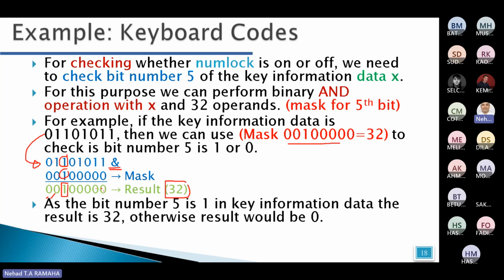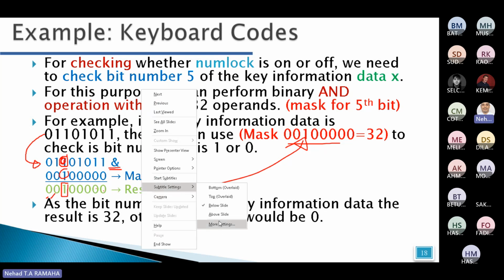You can see this position 1, 2, 4, 8, 16, 32. So the result is 32, which is the same as the mask. So this means the bit of the numlock is 1, so it's on. Okay, what if this one is 0?